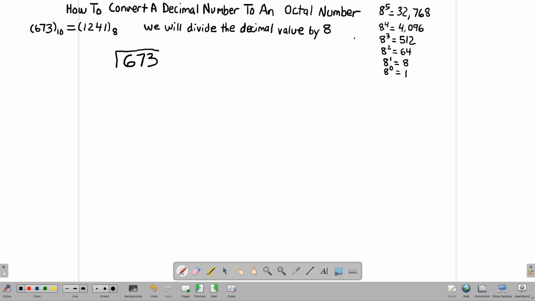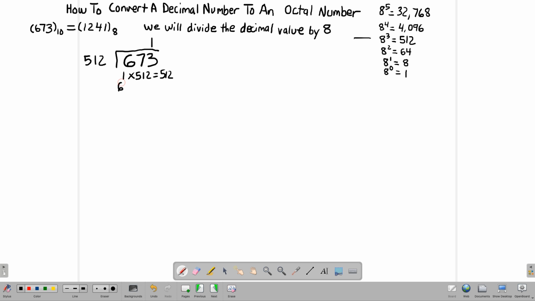In that case, it's going to be 8 to the 3rd power, which is 512. So we take 512 and divide into 673. And 512 divides into 673 one time. So we have 1 times 512 equals 512.